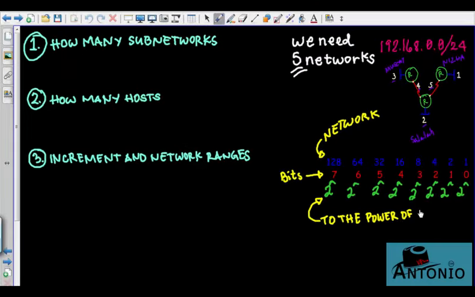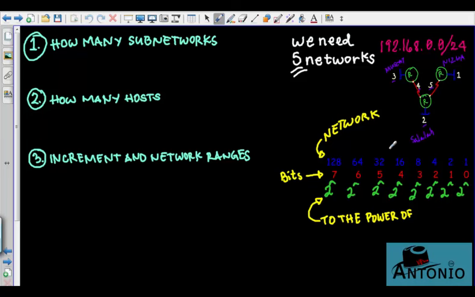Hi, I'm back again. So what we're going to do now is to break down this particular IP address into smaller subnets. We have 192.168.0.0/24, and we have a network requirement of 5 networks, including those two WAN links considered as networks.